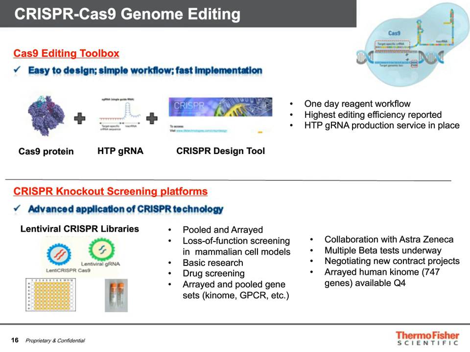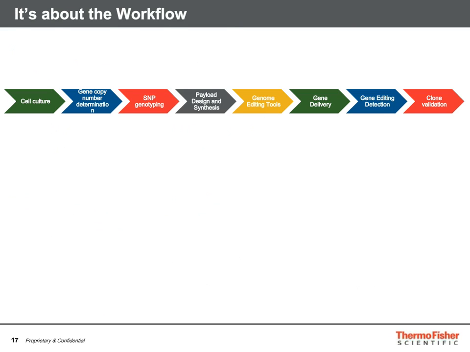Again, the workflow. I just want to have this slide out here to exemplify that genome editing is only a part of the entire workflow. We have our cell types. We first need to understand if we want to edit a gene. The first important thing that we do in our services group is to understand the copy number of that gene.